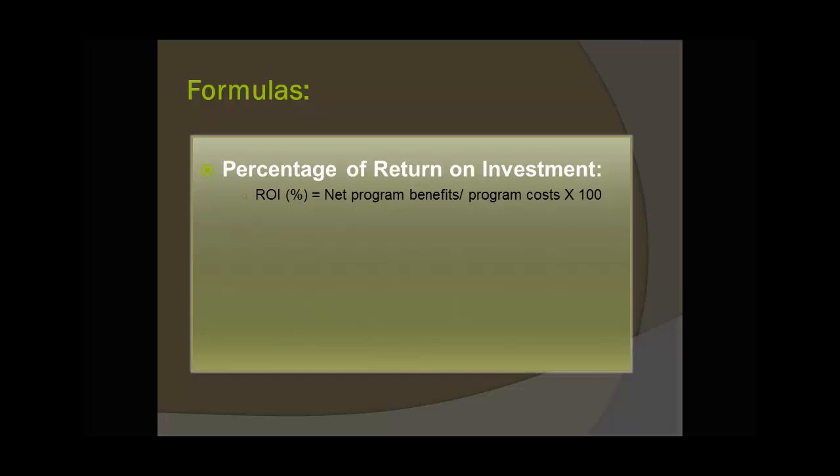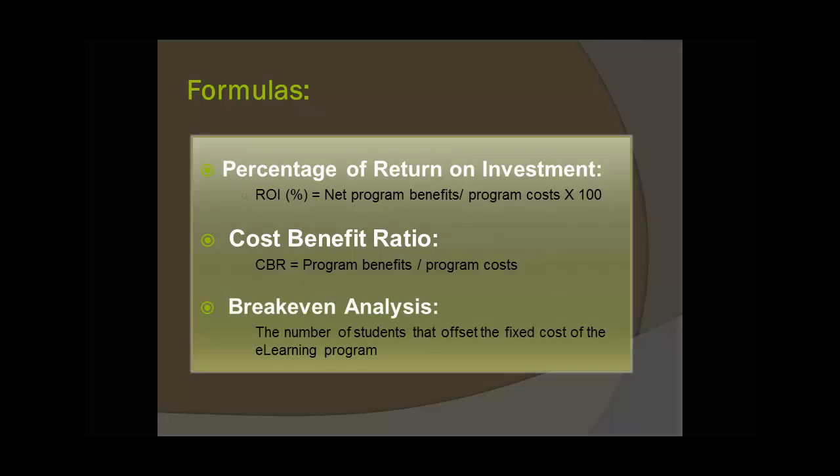The next formula is the cost-benefit ratio, which divides the program benefits by the program cost. And finally, there is the break-even analysis, which allows organizations to determine how many students are required to enroll in the course to either break even or turn a profit.